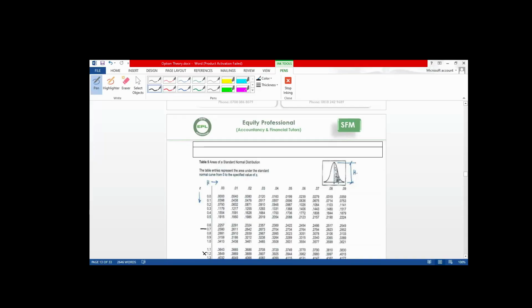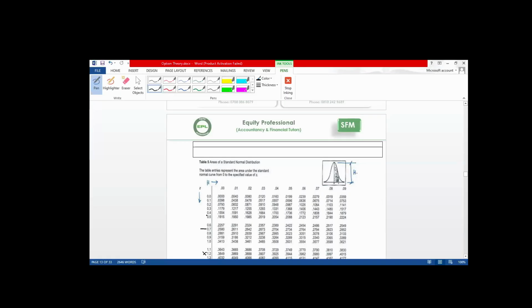This is the normal distribution table. You have your column and row.